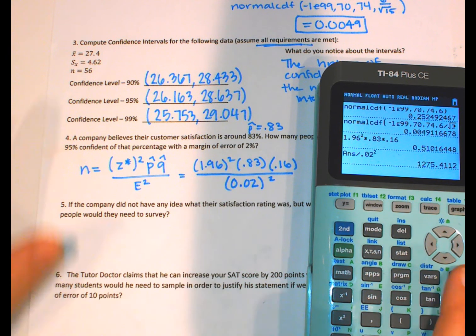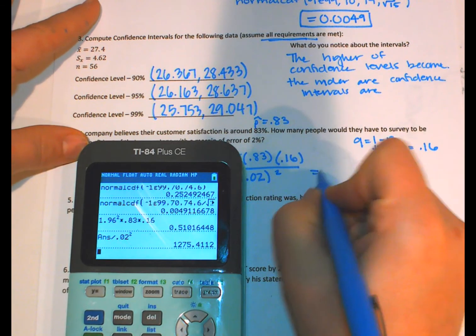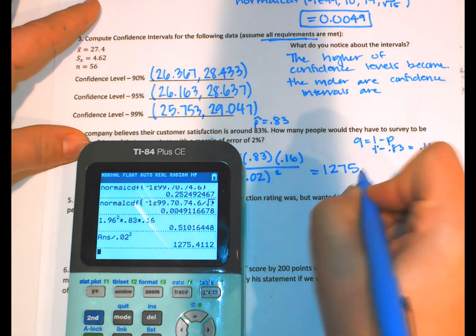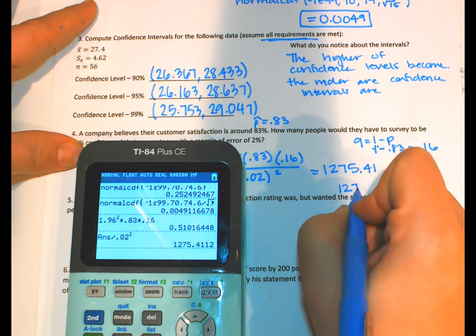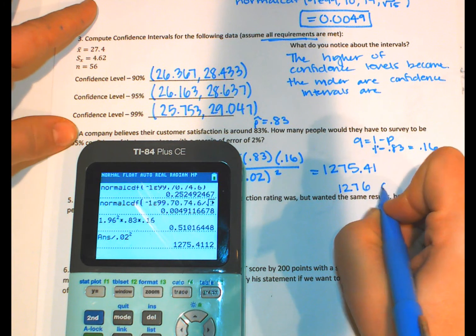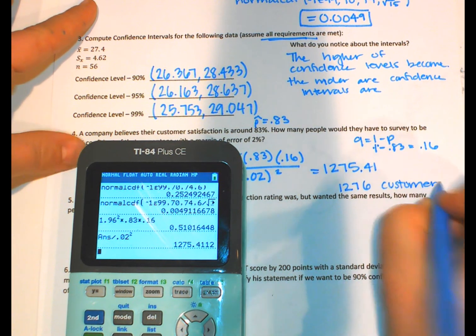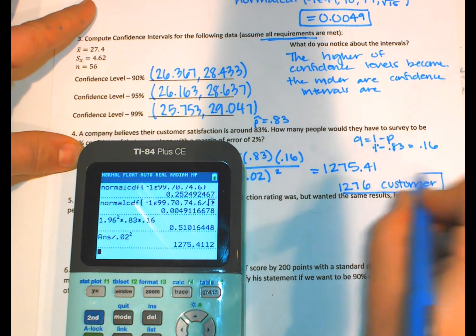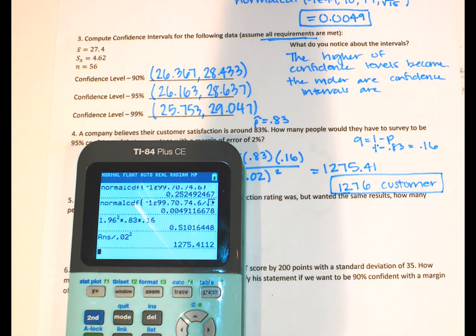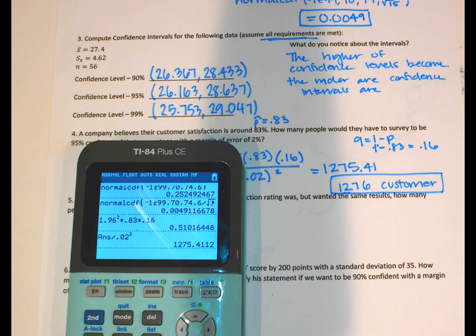I get 1,275.41. In this case, we always have to round up to be sure that we asked enough people. If we need 0.4 of a customer, then 1,275 is not enough. So we need to ask 1,276 to be sure that we have enough in our interval.